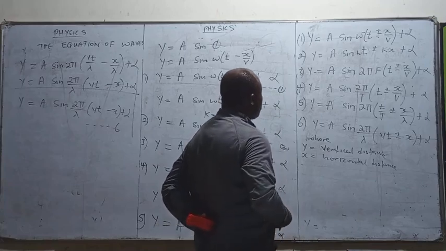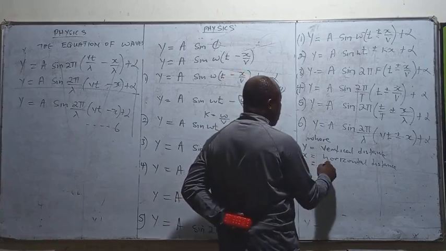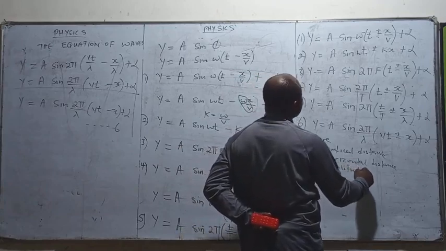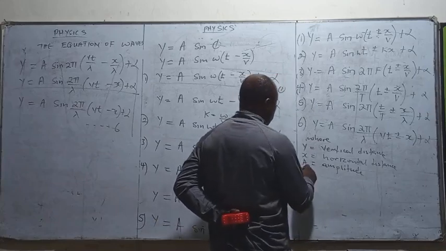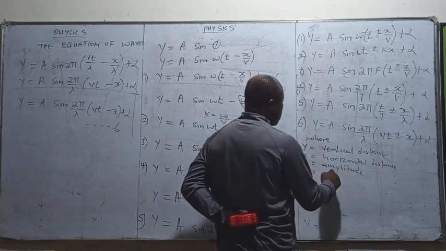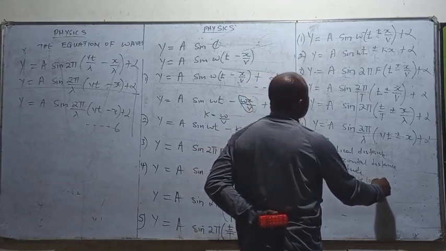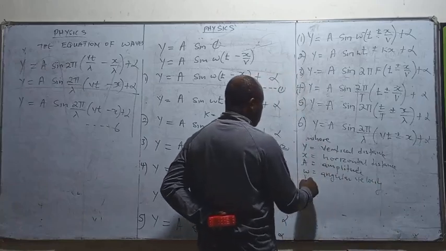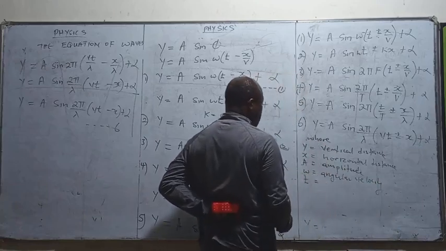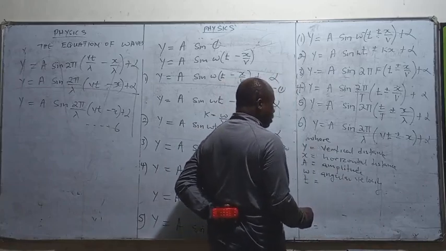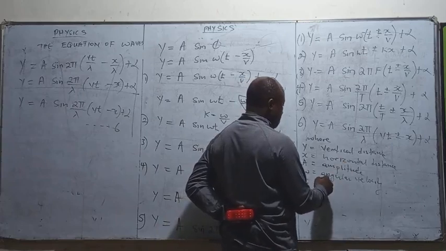A is equal to amplitude. Omega is equal to angular velocity. Then t is equal to time along the horizontal.